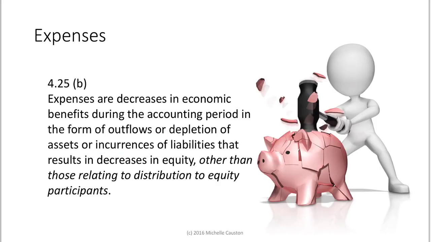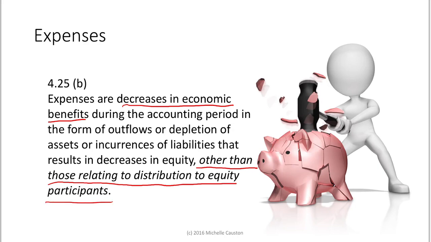Now, you may remember the definition of an expense. They are decreases in economic benefits. Well, that is what happens here. However, it tells us that not included in that definition are those costs relating to distribution to equity participants.